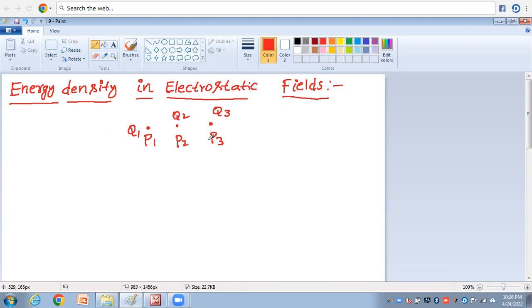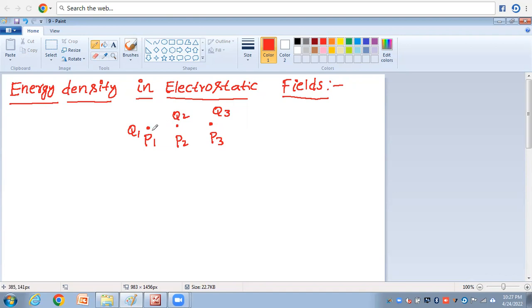These three charges Q1, Q2 and Q3 are placed in an initially empty space. First we bring Q1 from infinity to P1, because the space is initially charge free.